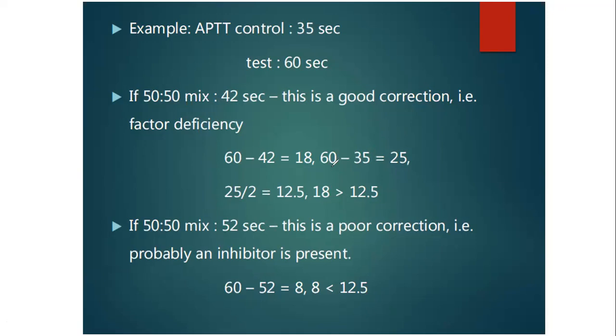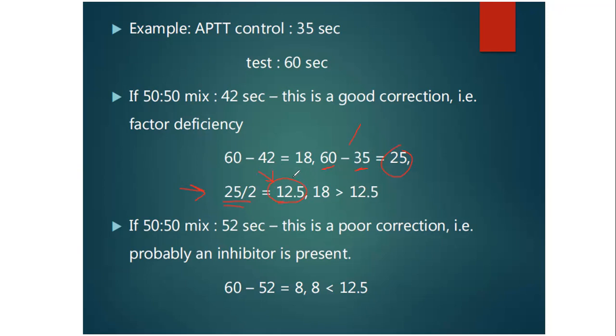Then 25 will be divided by 2, showing the mean between the APTT of the control and the test sample. We divide it by 2 and get 12.5, and this will be our threshold.